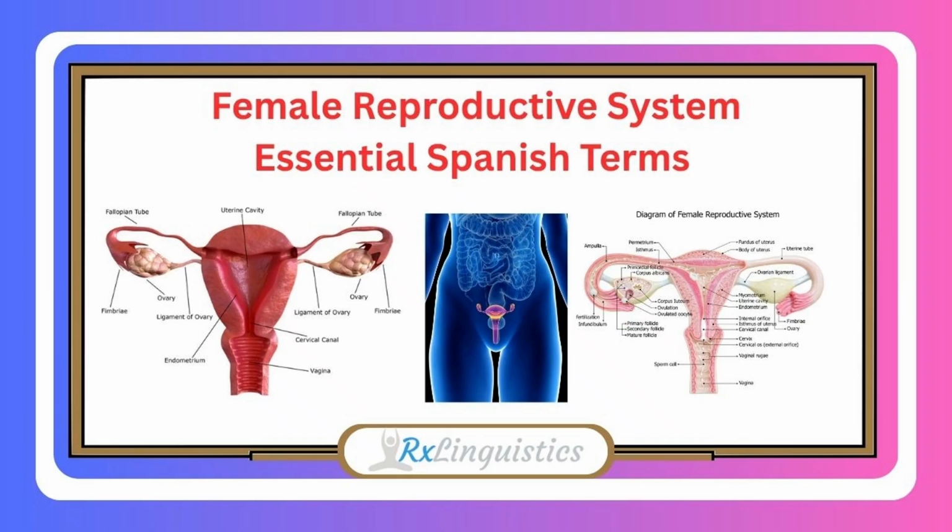Medical professionals in the OBGYN, midwifery, women's health, and urology fields stand to benefit the most from this bilingual Spanish content. Now, let's begin our reproductive health Spanish learning journey. Empecemos.